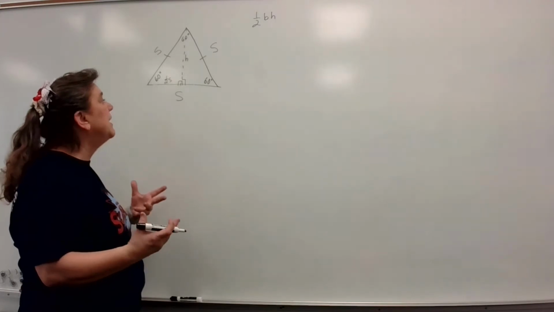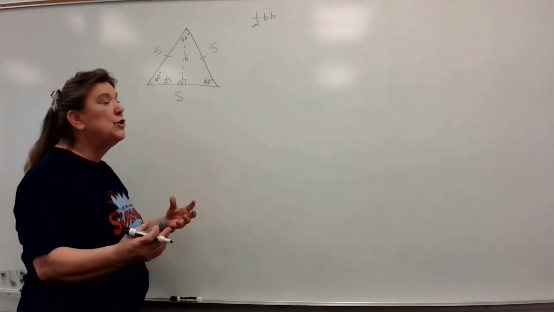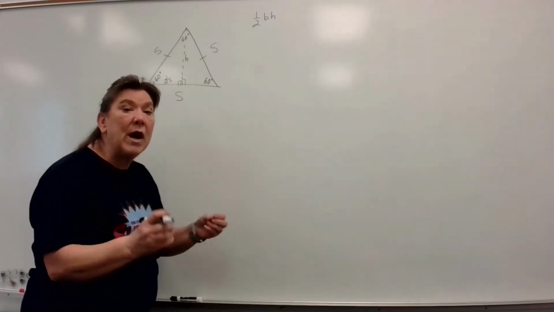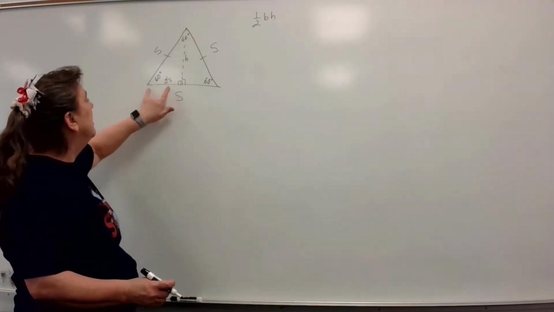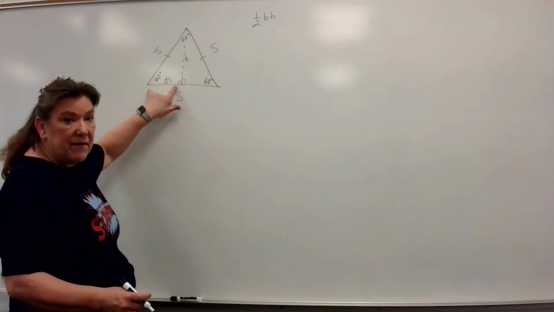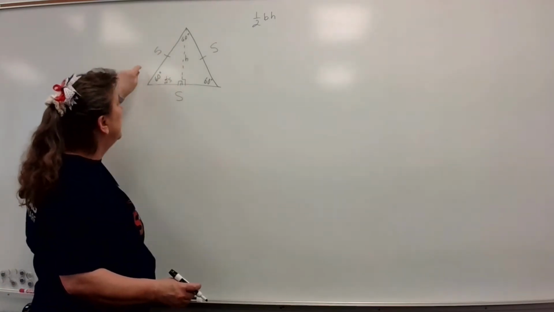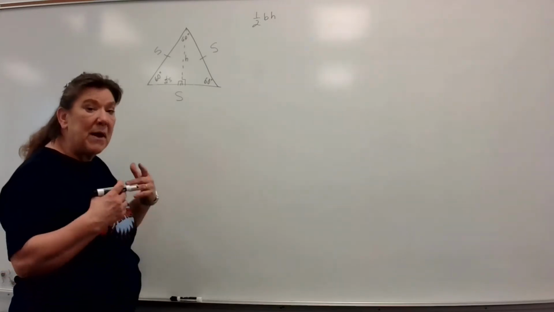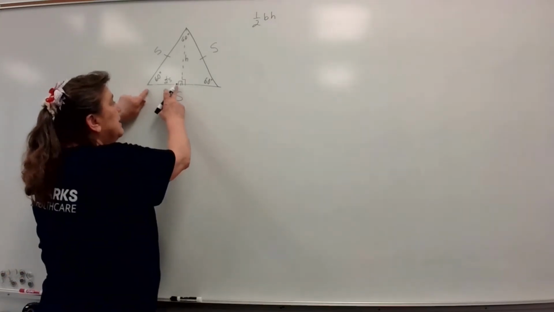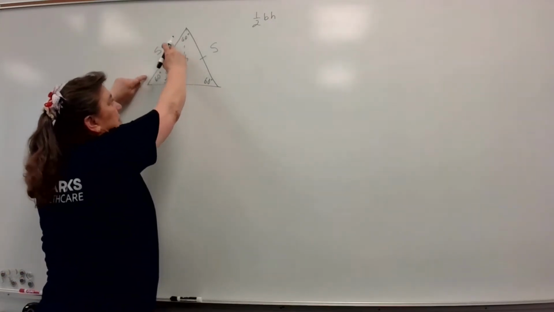So we're going to look at it in general so you will know what it is no matter what the side is. So we're going to use S for the side. So this side is 1/2 S. This one is S, and the H is what we don't know. We're going to use the Pythagorean theorem, remember? A squared plus B squared equals C squared.